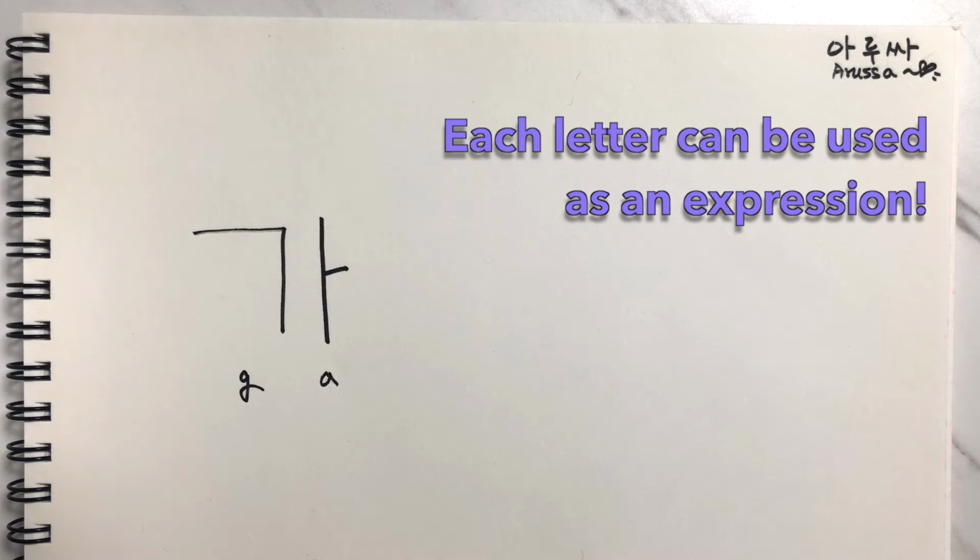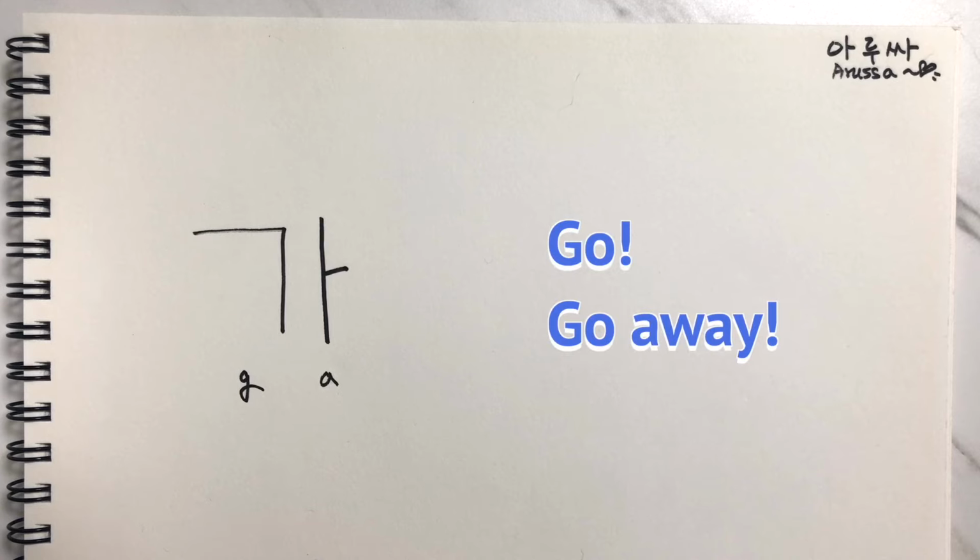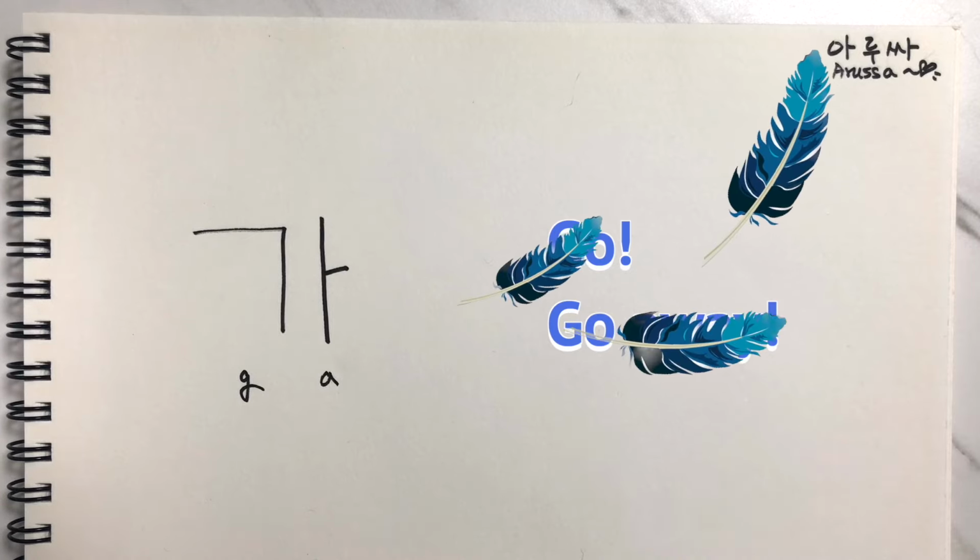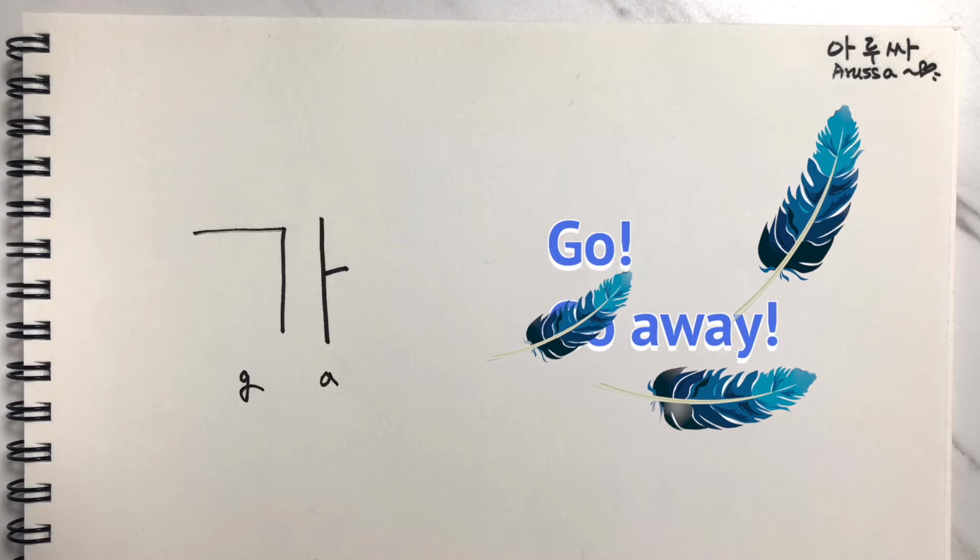Here, ga, na, da, ra, each letter actually can be used for some expressions. For example, here, ga can mean go away. So here we learn how to write each consonant plus get some expressions, right? So it's like kill two birds with one stone.